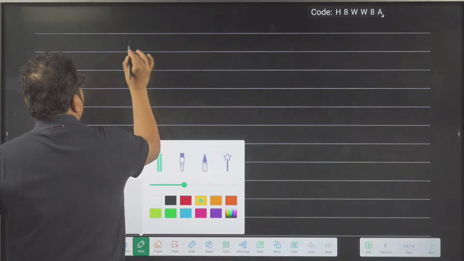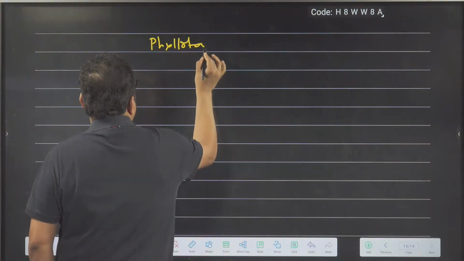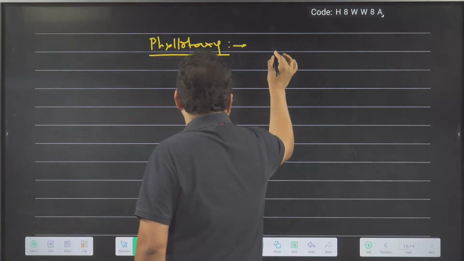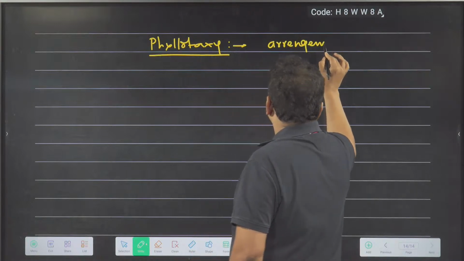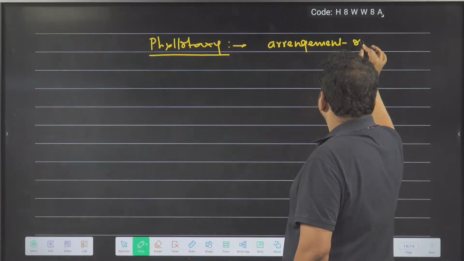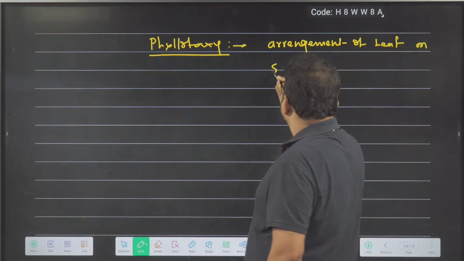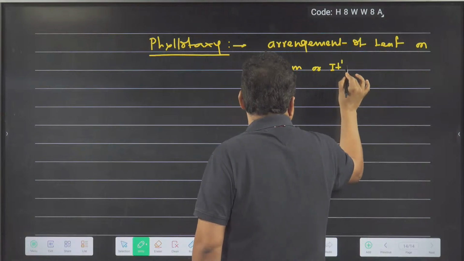So anyhow, we are going to talk about phyllotaxy. So what is phyllotaxy? Phyllotaxy is the arrangement of leaves on a stem or its branches.